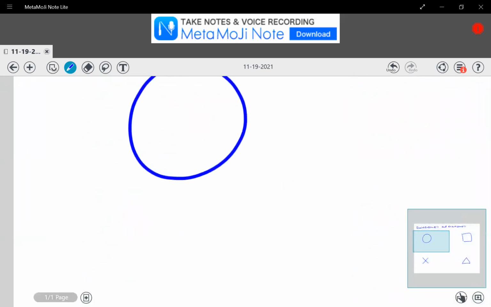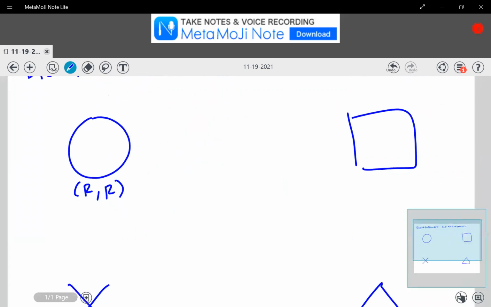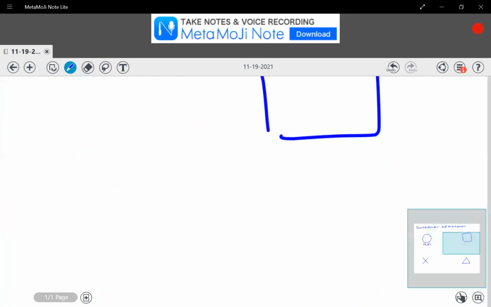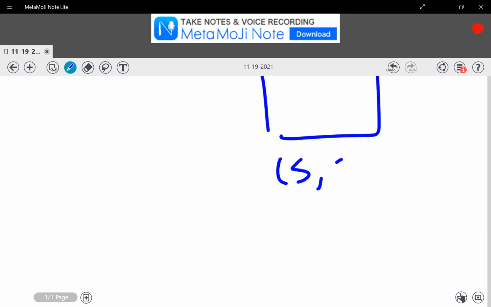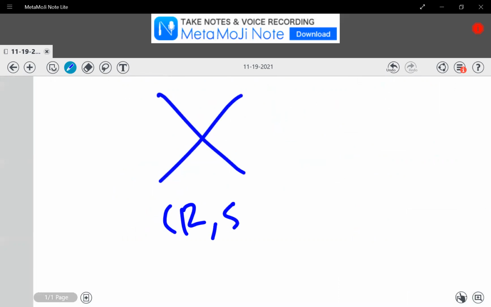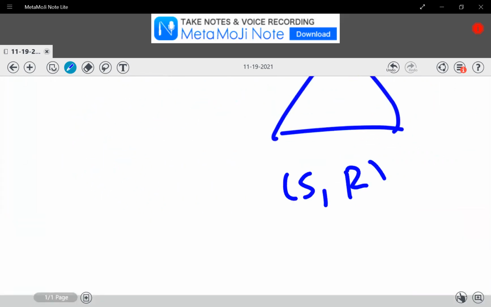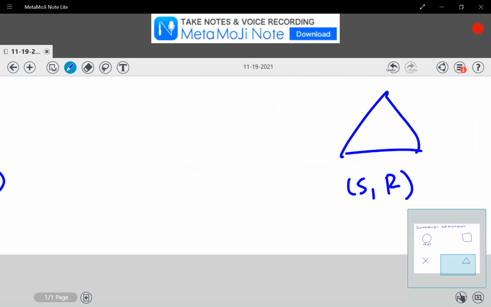So let's say that this one has R comma R. Both of its chiral centers are R. This one, both of its chiral centers are S. This one is R, the other is S. And for this one, S, the other is R. No, they're not interchangeable.